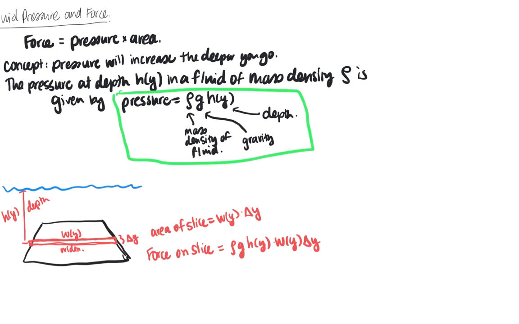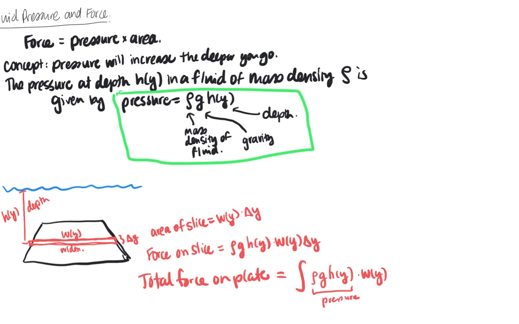And so if I want the total force on my plate, it's going to be an integral of this rho g h of y. Again, this is the pressure, times w of y dy.